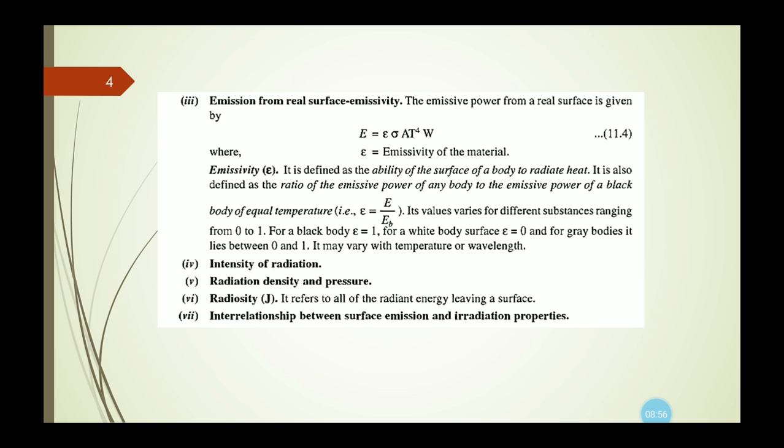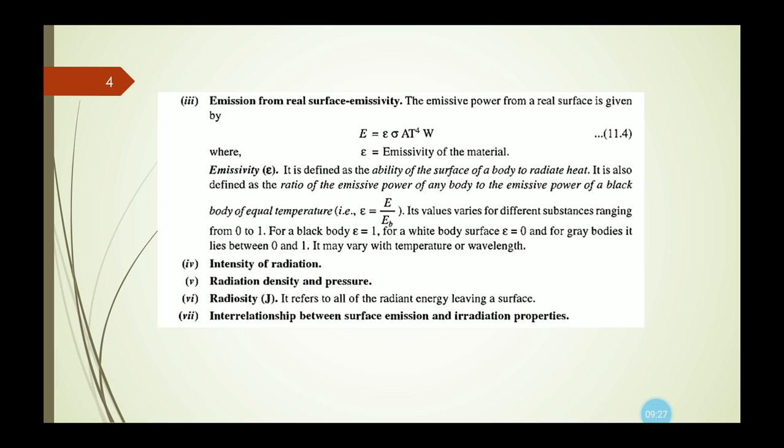The value of the emissivity varies for different substances ranging from 0 to 1. For a black body, epsilon equals 1. For a white body, the value of emissivity equals 0, and for gray bodies, it lies between 0 to 1. It may vary with temperature or wavelength. Now all these values of emissivity in case of a black body or white body or gray body are very important for multiple choice question purpose.